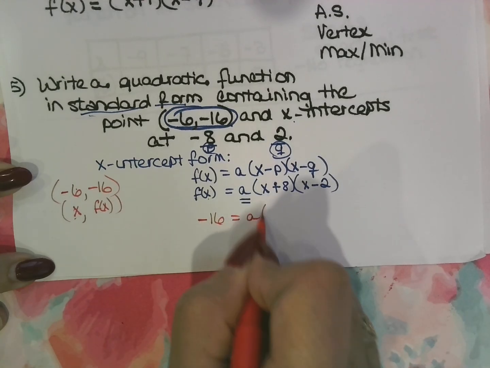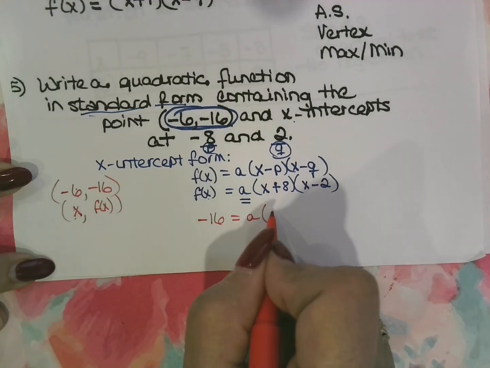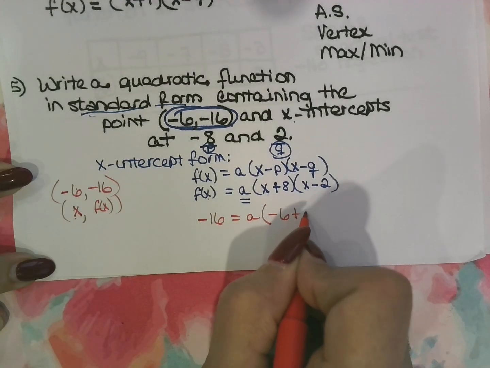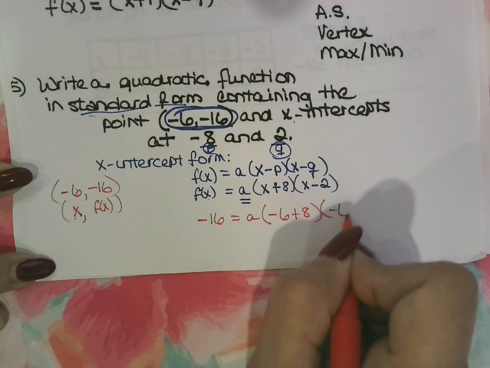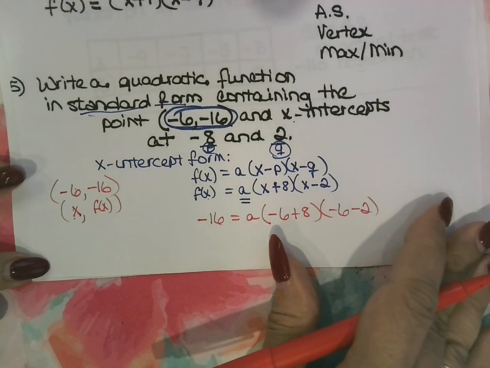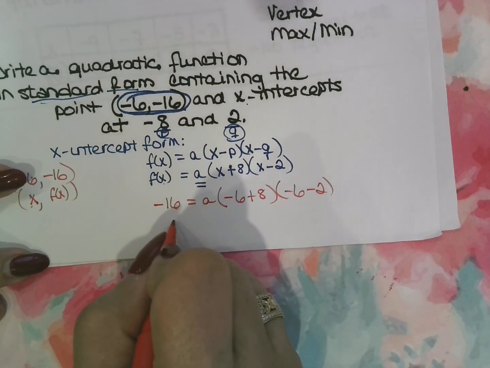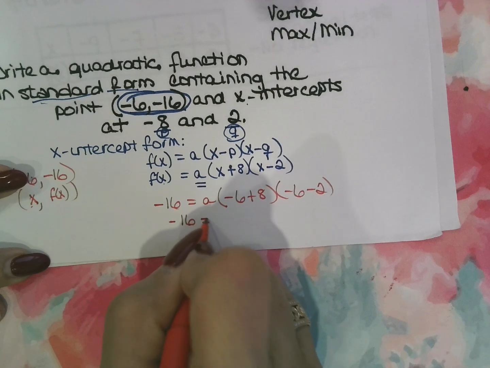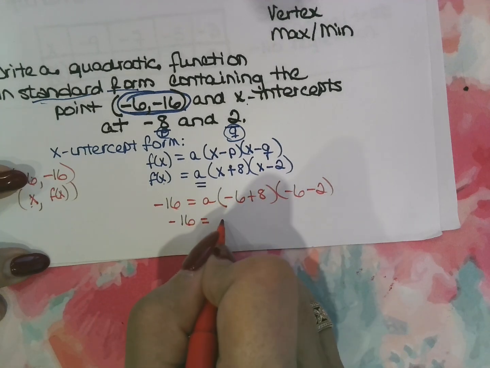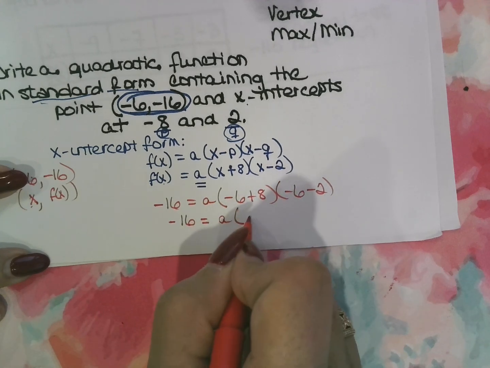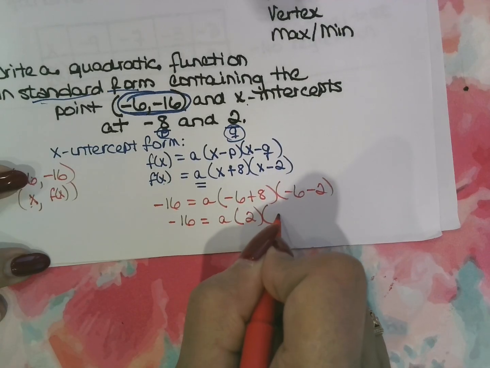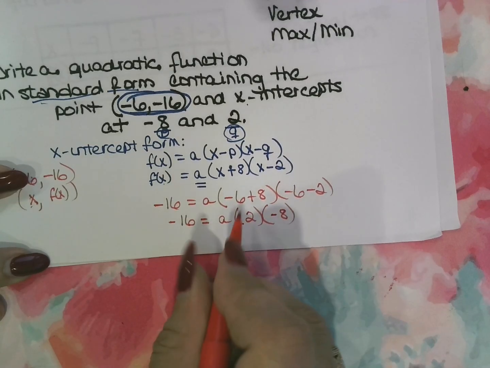I have my a. Wherever there's an x, I'm going to put a -6. And again, -6. So I'm solving for a. This is going to give me -16 equals a times, that's 2, and -8.